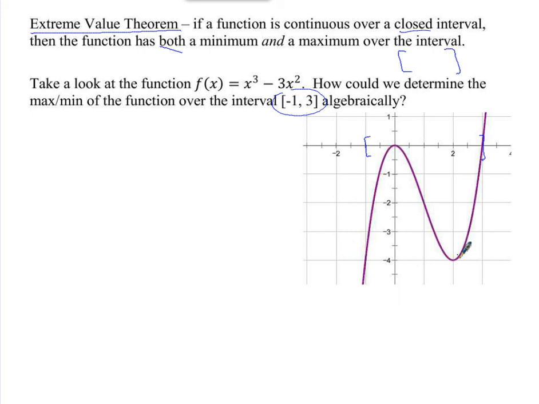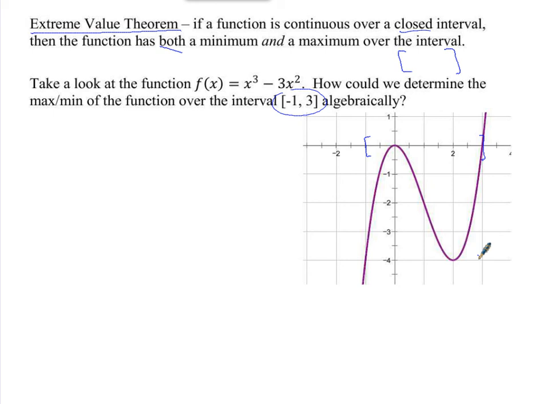Because of this closed interval over here, as this thing comes up, we also appear to have a relative maximum here. As this thing travels downward over to the interval on this side, we appear to have a relative minimum here because of that closed interval. If that was an open interval, we wouldn't need to worry about this one here. We wouldn't include it. But we also definitely have a relative minimum here. So clearly on this particular function, there's definitely a minimum and a maximum over the interval.